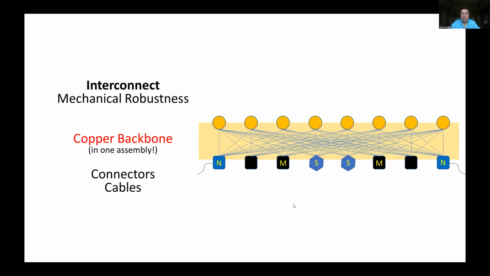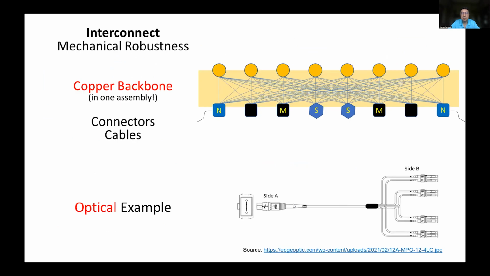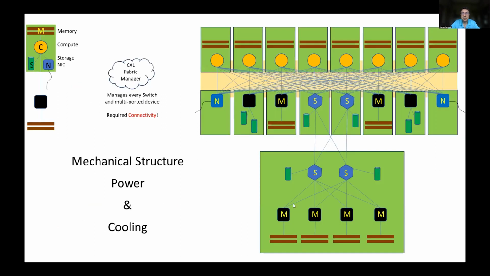You have one serviceable element, one part number, that creates this copper backbone. Interconnect can be photonics if the devices are farther away, within a rack, for example, or across multiple racks. These are the concepts that are being discussed within OCP. So then you can imagine multiple modules, all interconnected using copper or photonic elements.